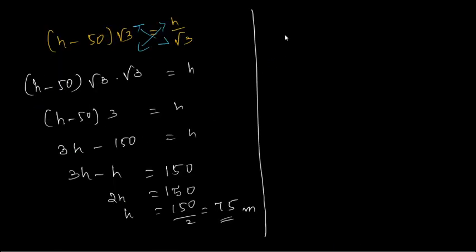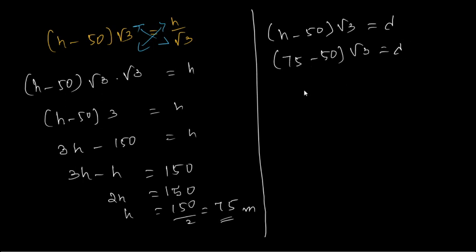So from this we can find out what is D. We have got already H. Substitute 75 minus 50 into root 3, that is D. 75 minus 50, that is 25. So 25 root 3 is equal to D. So you can leave it as 25 root 3. Otherwise put 1.732 and multiply.